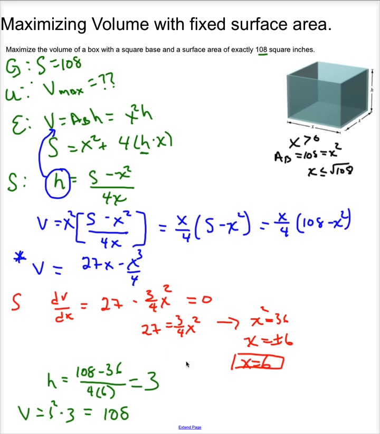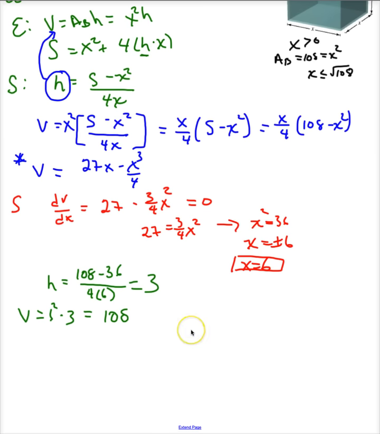Now the last thing we need to do is to check our endpoints, because remember, when we do maximum/minimum problems, I'm trying to extend my page here. We've already checked the volume at x equals 6. Now let's check the volume at 0. Well, the volume at 0 is 0.